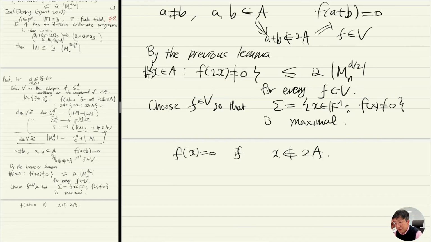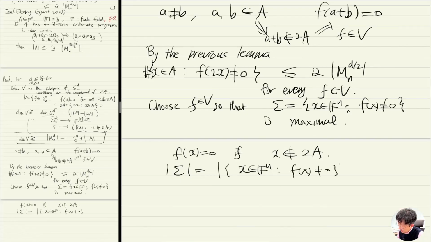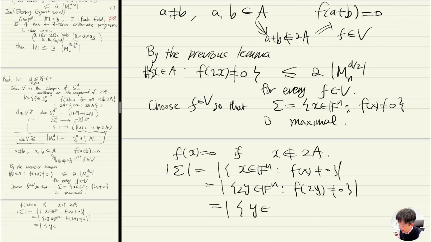So how big is sigma? The size of sigma is the number of x in F_q^n where f of x is non-zero, but the only place it could be non-zero is when x is twice something, so let's say twice y, where f of twice y is non-zero.